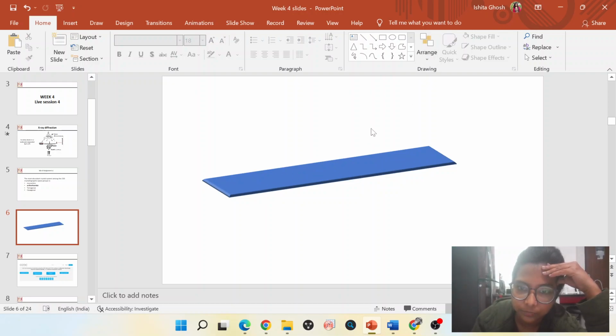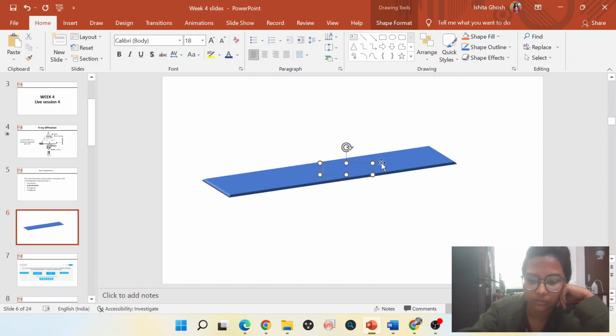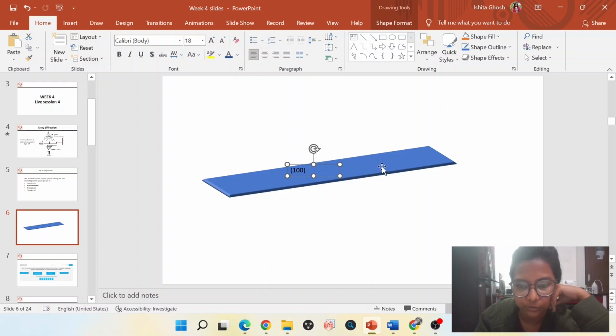This can be anything, so let me just designate something. Suppose, for simplicity's sake, this is the 100 face, the top face. And then this will be the side face. Can you imagine what face I am talking about?